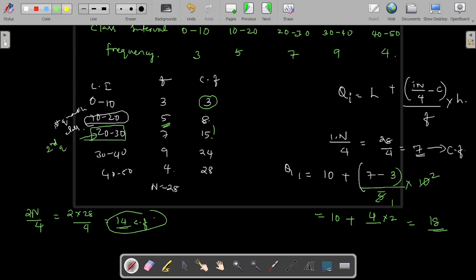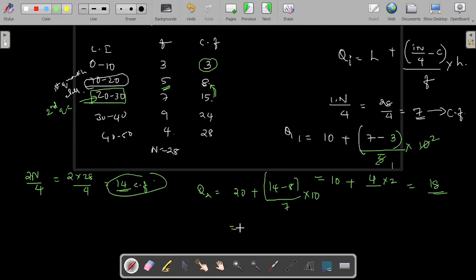Second quartile class. What is the lower limit of the second quartile class? 20 to 30, means 20 plus n by 4, that is 2n by 4, we got it as 14, minus the cumulative frequency of the pre-second quartile class, that is before this, which is 8, divided by f, the frequency of the second quartile class, which is 7, into the width of the quartile class, which is 10.